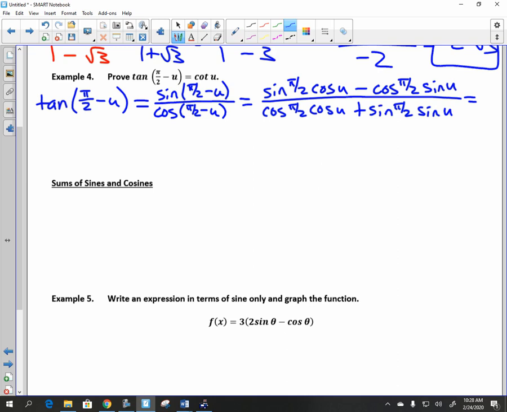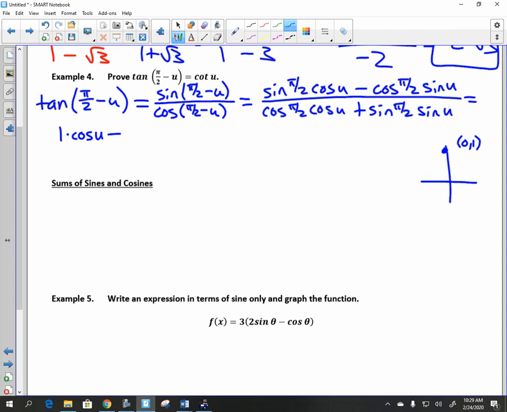What's the terminal point for pi over 2? 90 degrees. So what's that coordinate right here? 0, 1. Is cosine the x value or the y value? X. Sine is the y value. So look what you have. What is the sine of pi over 2? The sine of pi over 2 is 1 times the cosine of u.